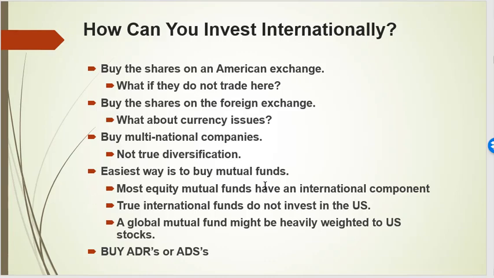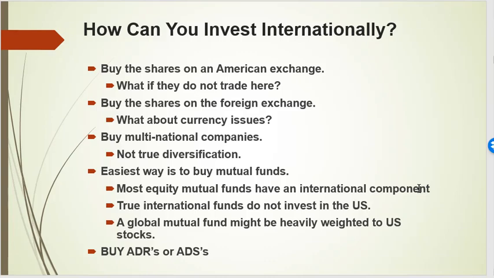But quite frankly, the easiest way is to buy mutual funds. Most equity mutual funds have an international component. In fact, frequently it can be 5 to 10% of almost all stock equity funds that have an international piece. Now, true international mutual funds don't invest in anything in the United States.